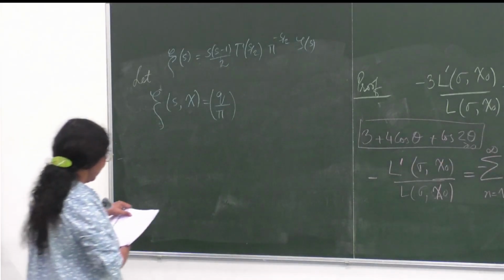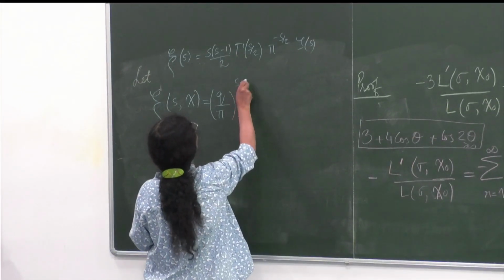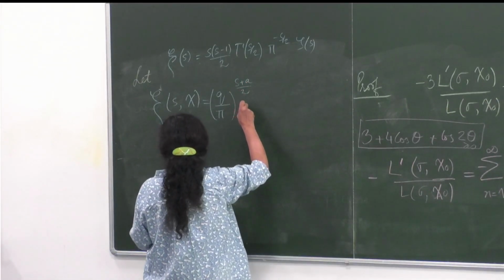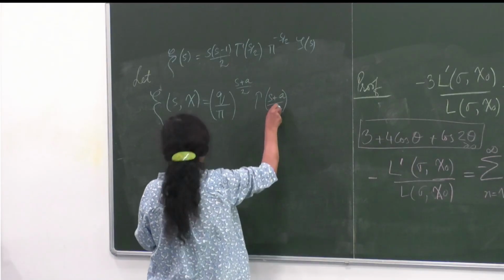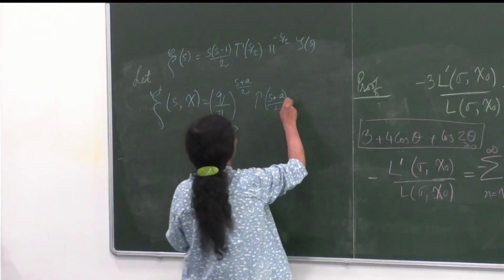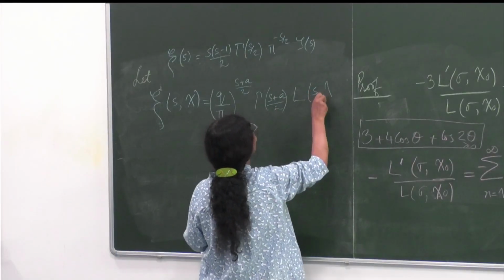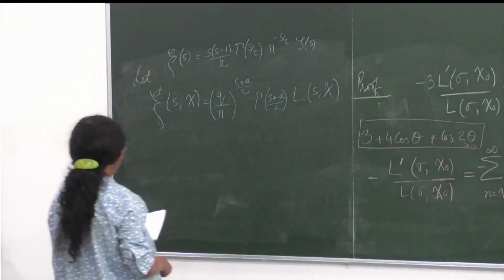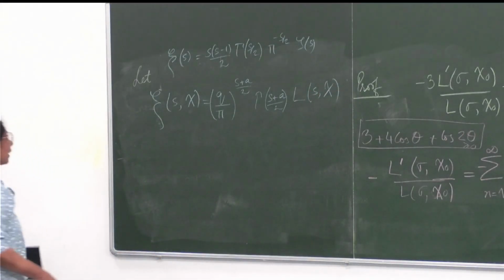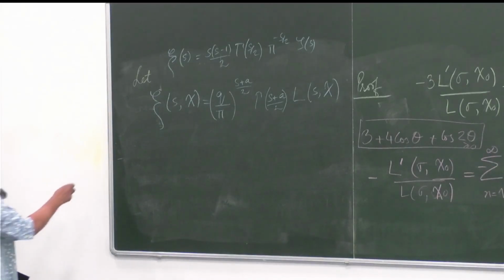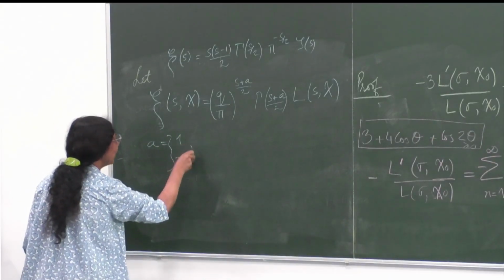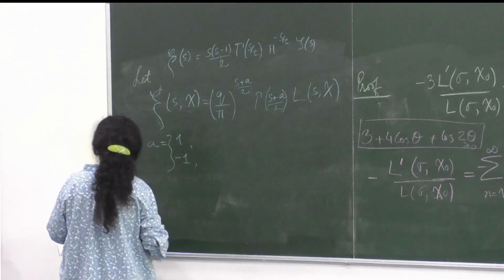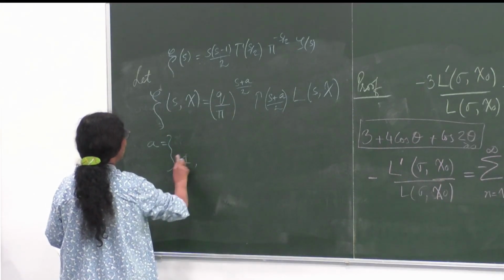So s plus a by 2, gamma of s plus a by 2, L(s, chi). And this a depends on whether chi of minus 1 is 1 or minus 1.